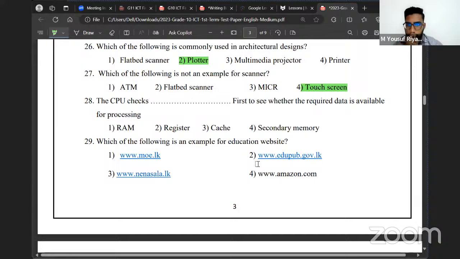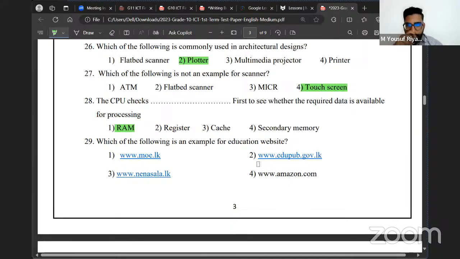The CPU checks dash first to see whether the required data is available for processing. The register is there anyway inside the CPU. It normally checks the RAM, because RAM only gives the data to the CPU.